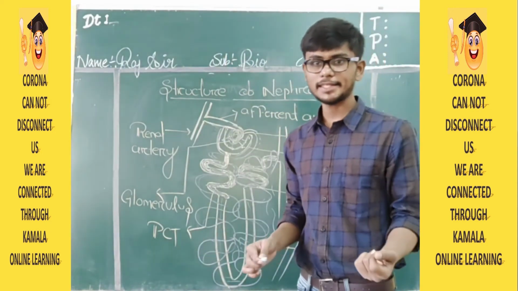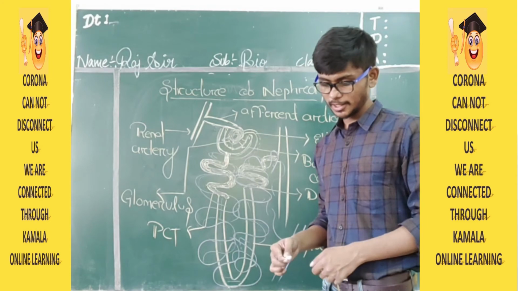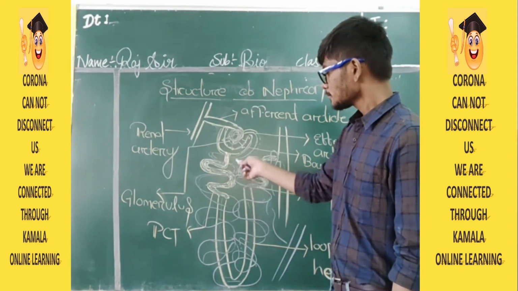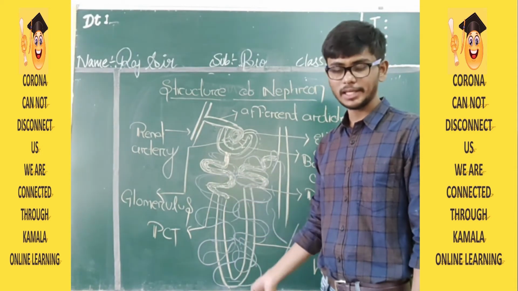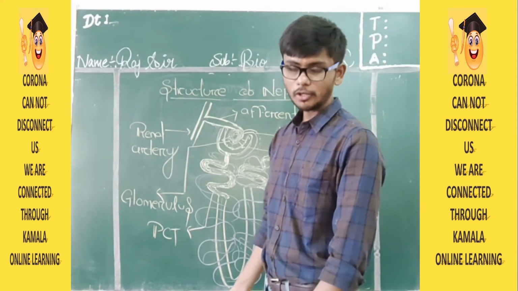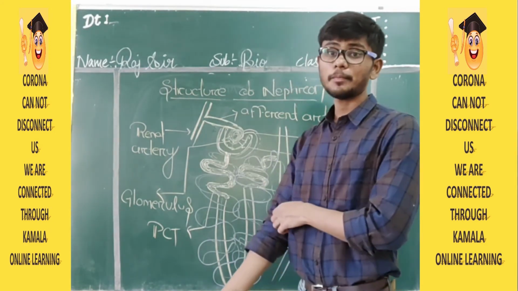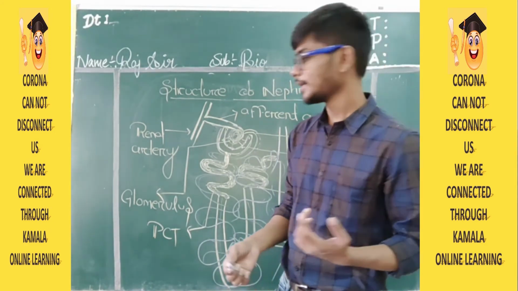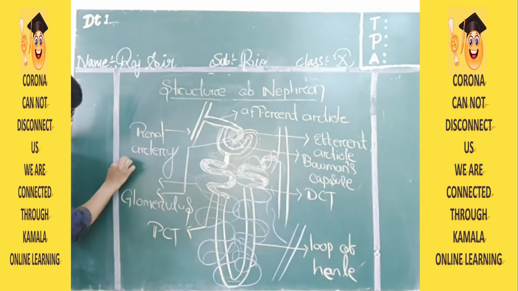Blood capillaries. I'll tell what is the work of these blood capillaries just after this particular class. But you need to understand that the entire tubules, PCT, DCT and loop of Henle, are covered by a number of capillaries around the tubes. These capillaries are called peritubular capillaries.